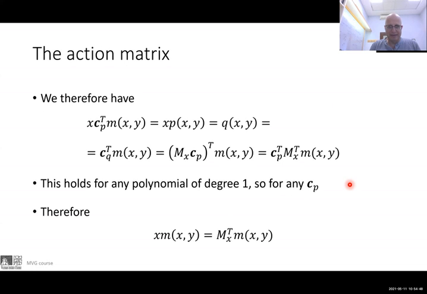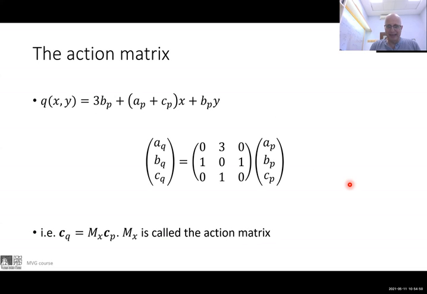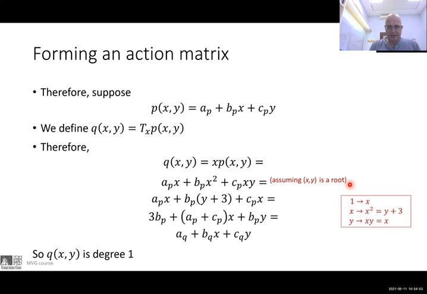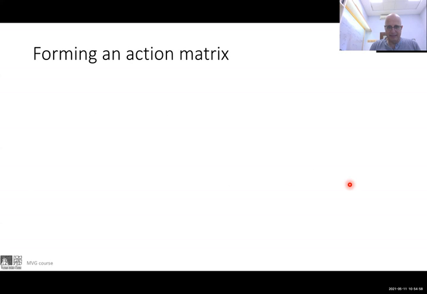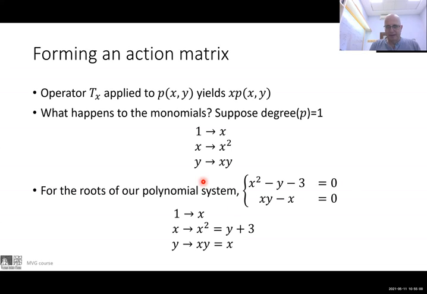The critical step in producing the action matrix was to take a general unknown first order polynomial, apply the operator tx, which is multiplying by x, to obtain a second order polynomial, and then use the polynomial system to go back to a first order polynomial.